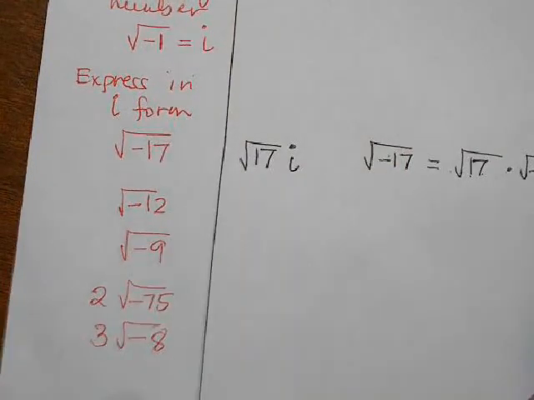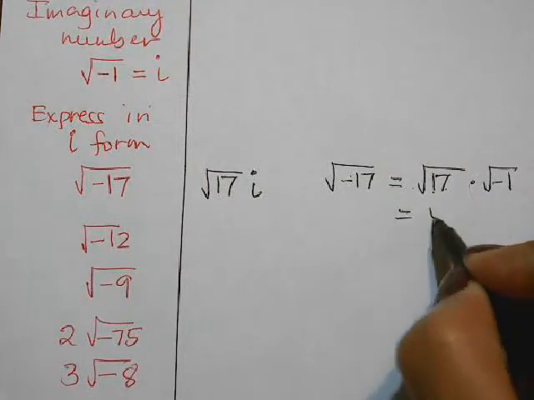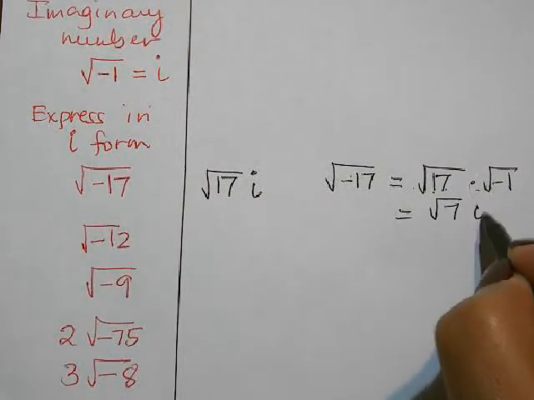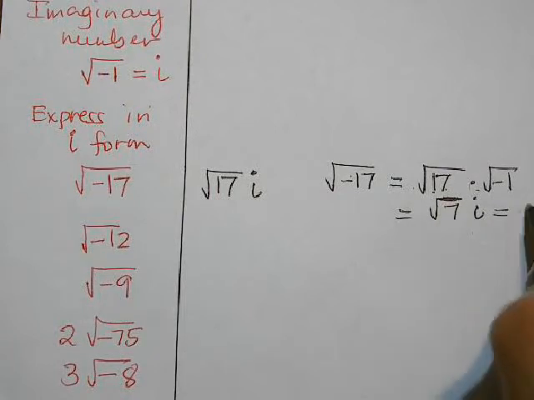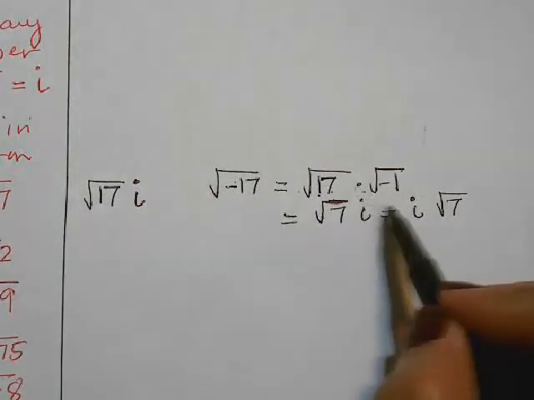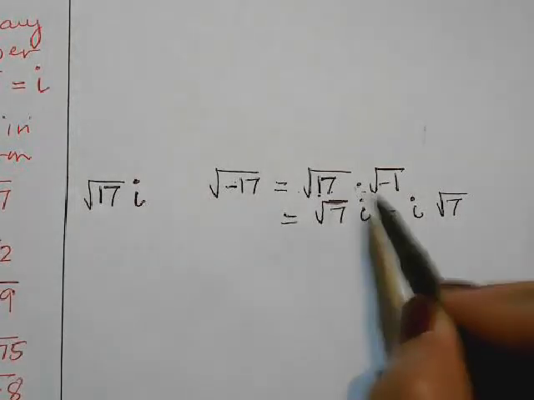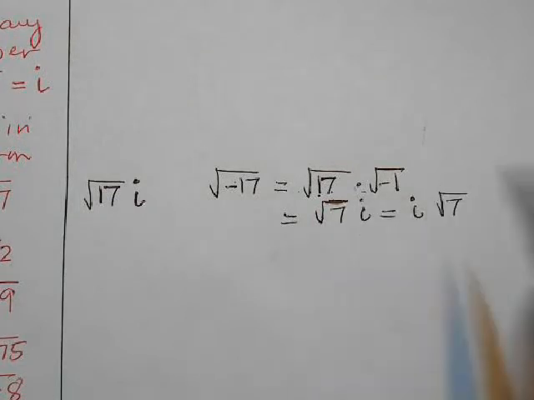So this we could write as the square root of 17, times i outside the radicand. In some books you can also write i as the coefficient and the square root of 17. These two are the same because multiplication is commutative, but it depends, some books use this, some books use that.